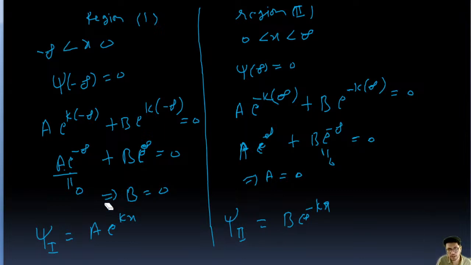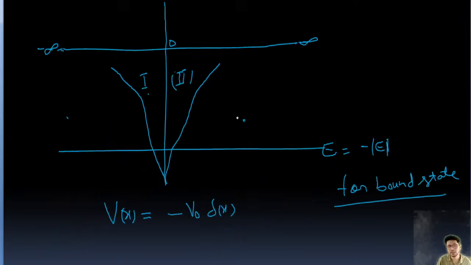For region 1 it's a e to the power kx, and for region 2 it is b e to the power minus kx. So this is the wave function for this region and this region.